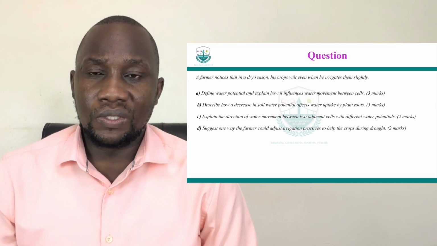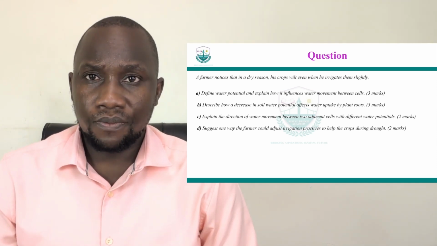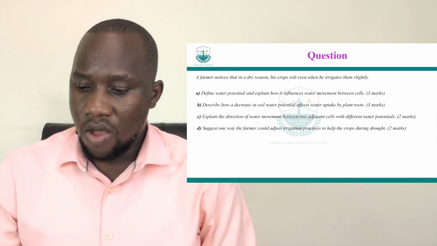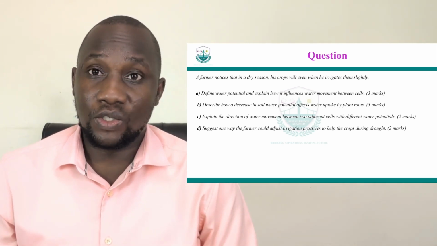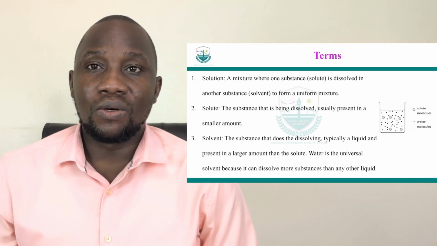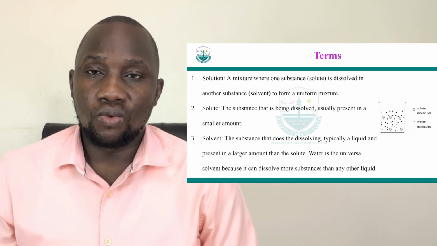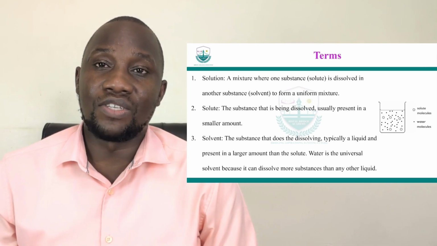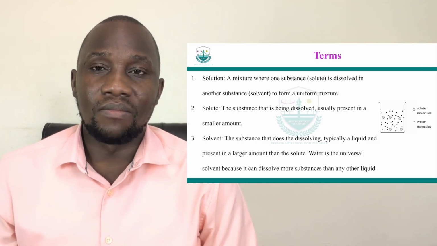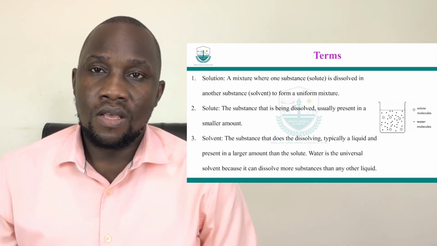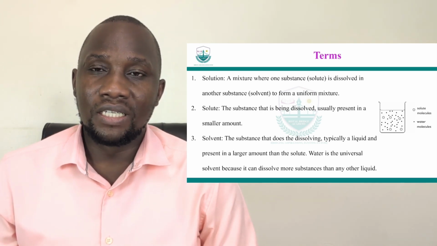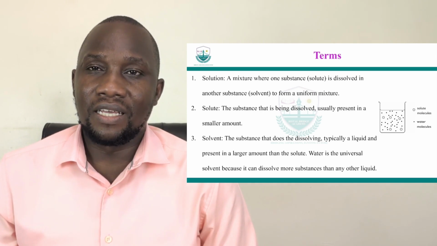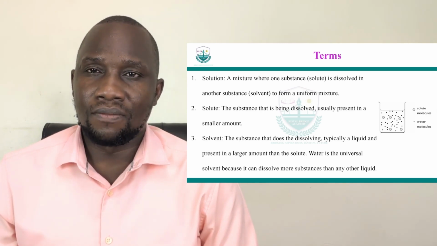So what are the issues that we need to know? The concept of water potential is actually very important for us to know. And that concept can be understood if we understand the three terms here. The first term is a solution. When we are talking about a solution, we're talking about a solvent that has a solute in it.